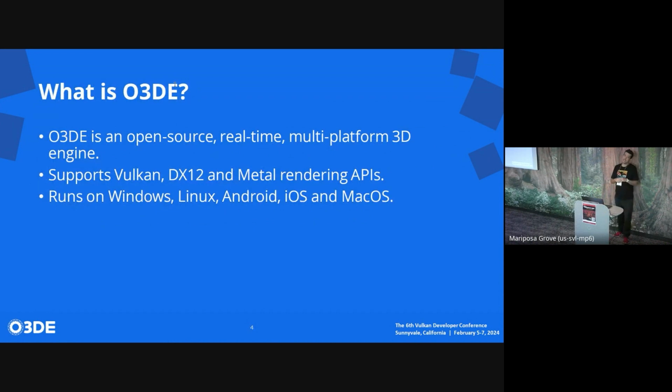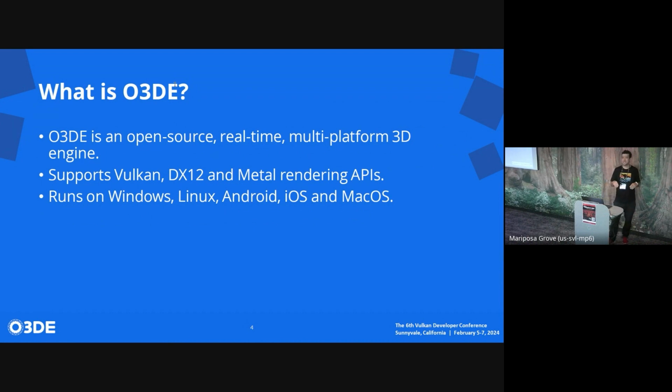So what is O3DE? I don't know how many people here know what O3DE is, but O3DE is an open source real-time multi-platform 3D engine that is part of the Linux Foundation. You can use it for building your games, simulation, robotics, VR experience, all that kind of stuff. It has most of the bells and whistles as other engines out there, like PBR rendering, global illumination, ray tracing, animation, particle, all that kind of stuff.